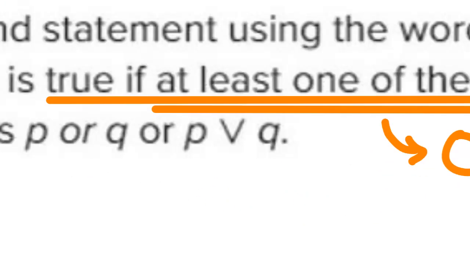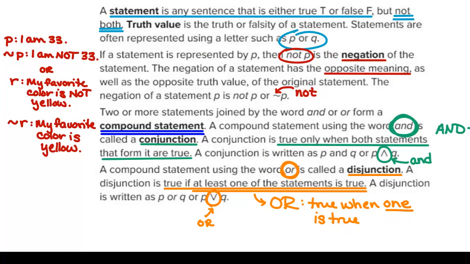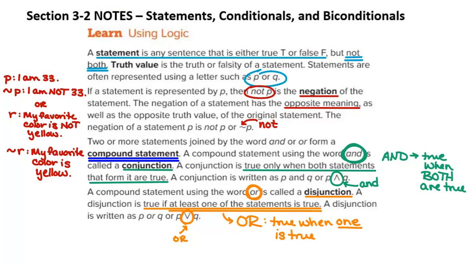And the symbol that we have for a disjunction looks like a capital letter V. So a capital letter V in between two statements means or.